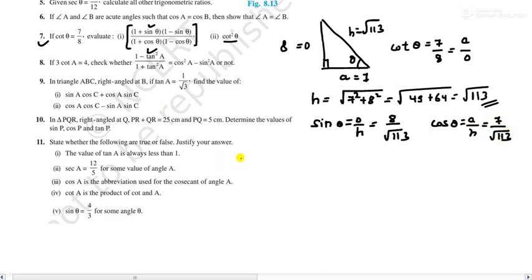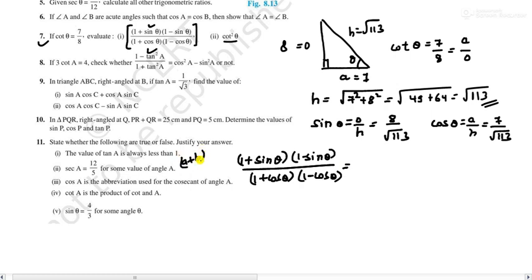Now substitute in this expression, 1 plus sine theta into 1 minus sine theta divided by 1 plus cos theta into 1 minus cos theta. Okay, now if you see, this is in the form of a plus b into a minus b, isn't it? So what is this?